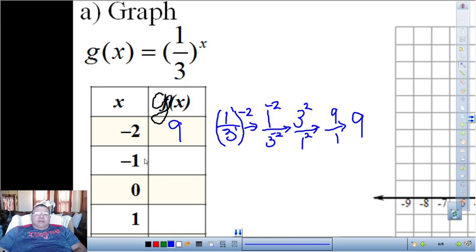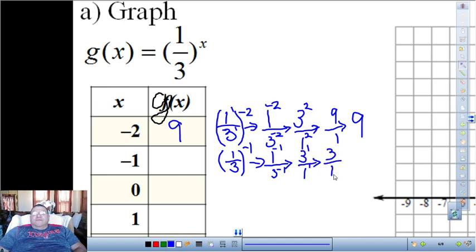All right, let's go to the next one. This one. 1/3 to the -1, 1 to the -1, 3 to the -1, which is 3 to the first, 1 to the first. What is 3 to the first? The number itself over 1, which is 3.